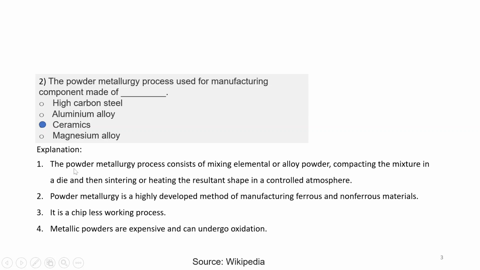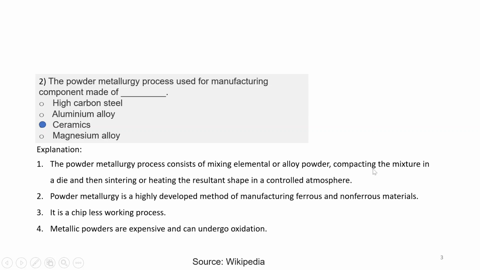Powder metallurgy is a process which consists of mixing elemental or alloy powder. Your powder can be a single element as well. For example, if you are using tungsten powder and making it in the form of an element, and then trying to make it into a product, or the powder can be an alloy as well.